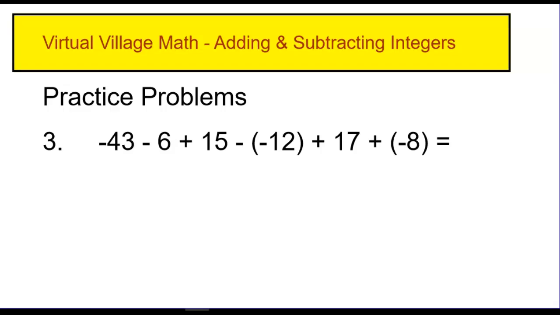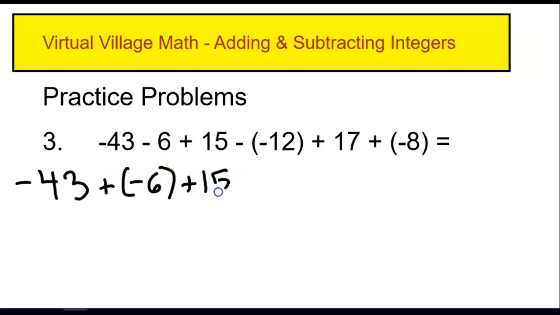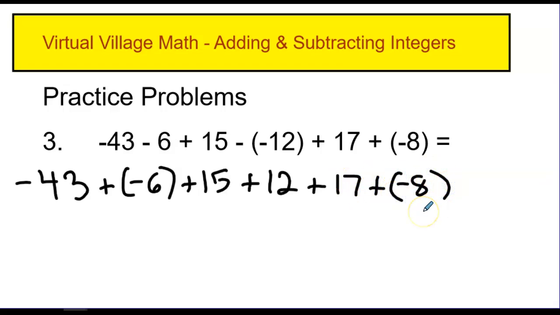My last one, I'm going to rewrite all as addition. Negative 43 minus positive 6 is the same thing as adding a negative 6. Plus 15 stays the same. Subtracting negative 12 is the same thing as adding positive 12. Plus 17 plus negative 8. Again, I'm going to combine all of my negatives together, and all of my positives together. Negative 43 plus negative 6 is negative 49.